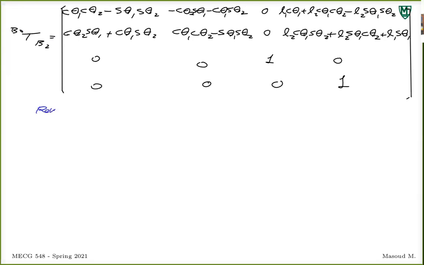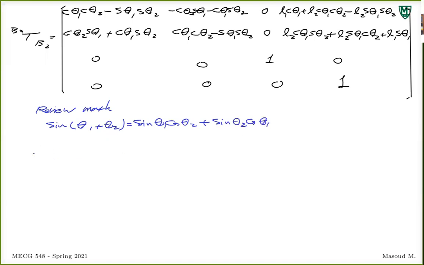I probably wouldn't have remembered if I wasn't really working with it. Review math. We know that sine theta 1 plus theta 2 is basically sine theta 1 cosine theta 2 plus sine theta 2 cosine theta 1.